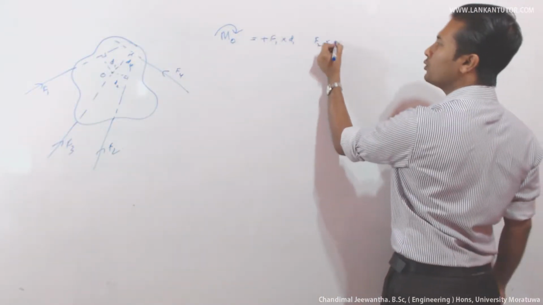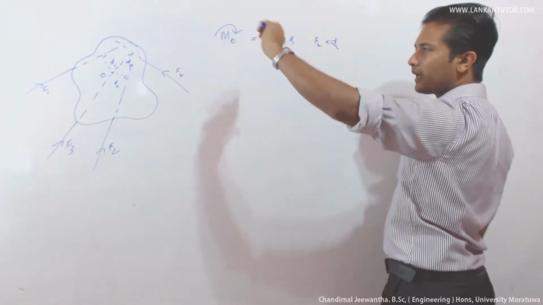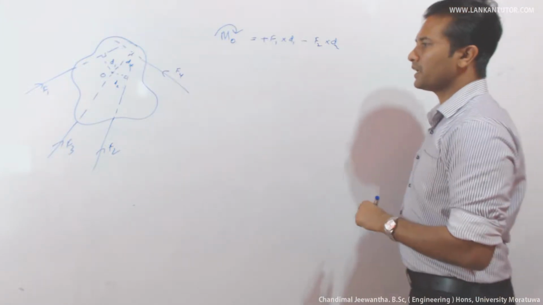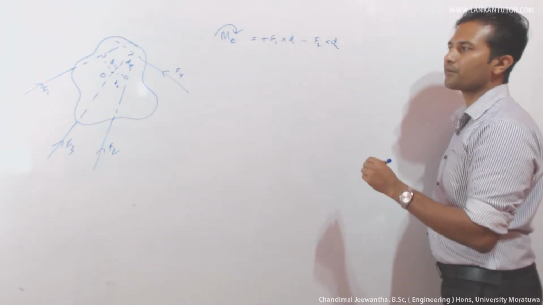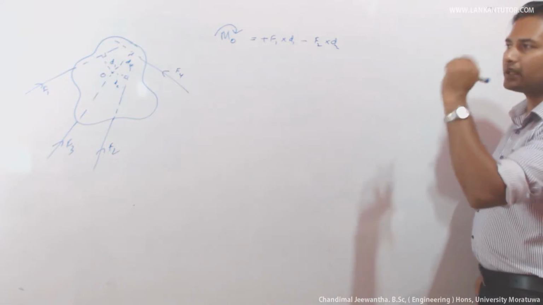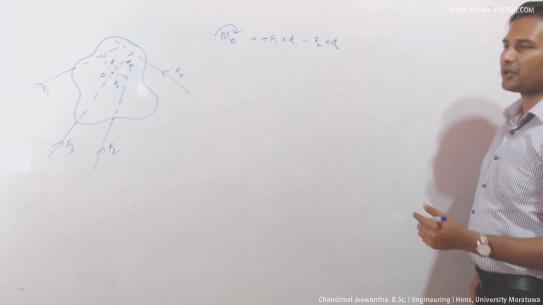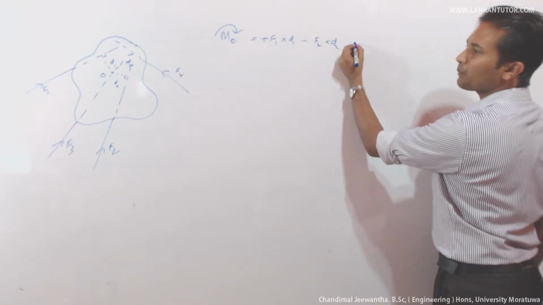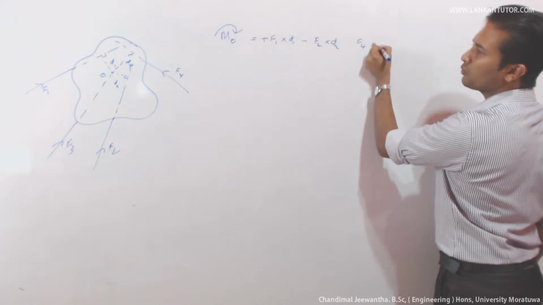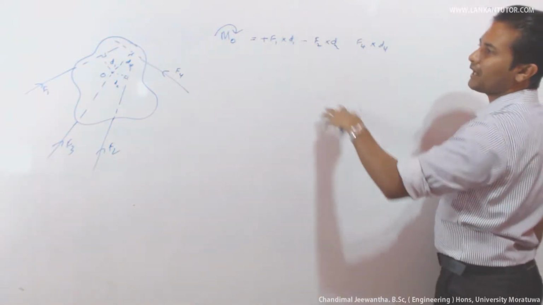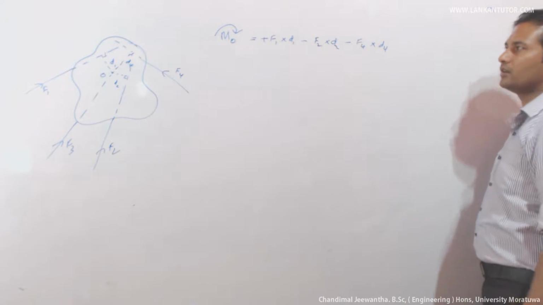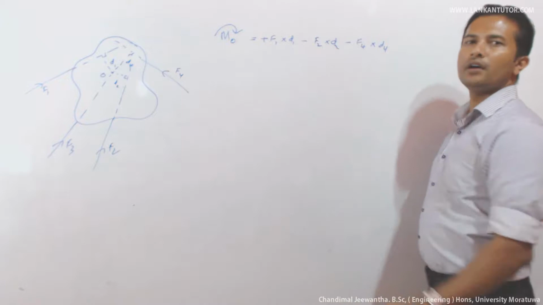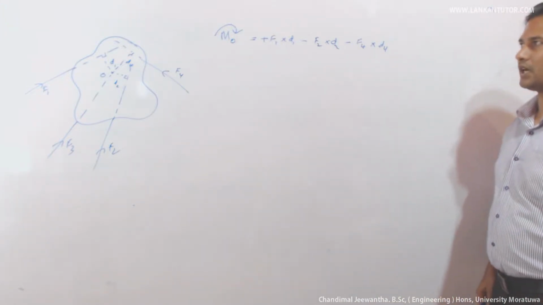So F2 into D2, but it rotates towards the anti-clockwise direction. Therefore, it is negative. What happens to F3? No moment is given by F3 because it goes through point O. Then F4 into D4 is towards the anti-clockwise direction, again negative. This is the way of finding the algebraic sum of moments around a particular axis.